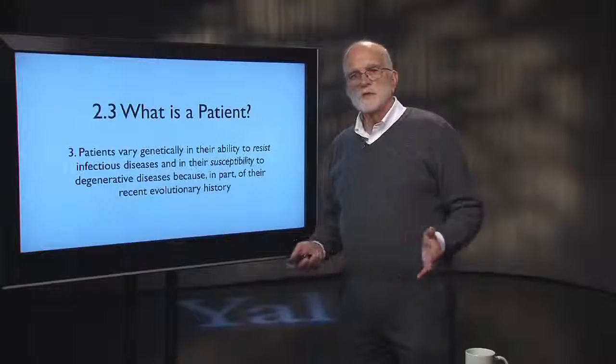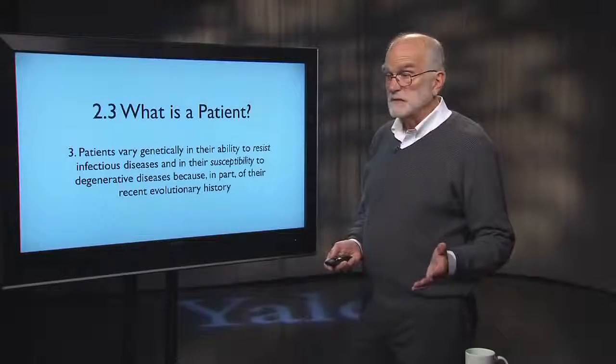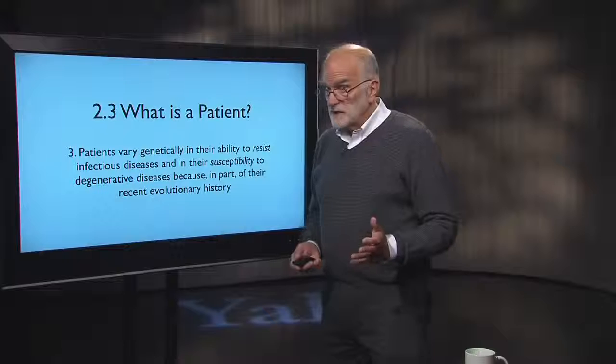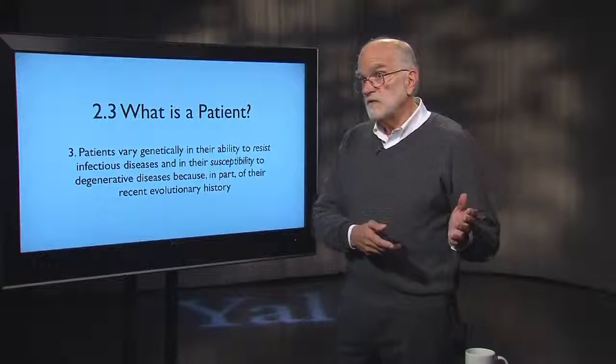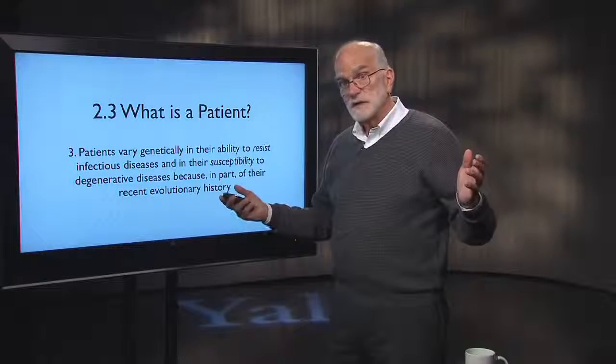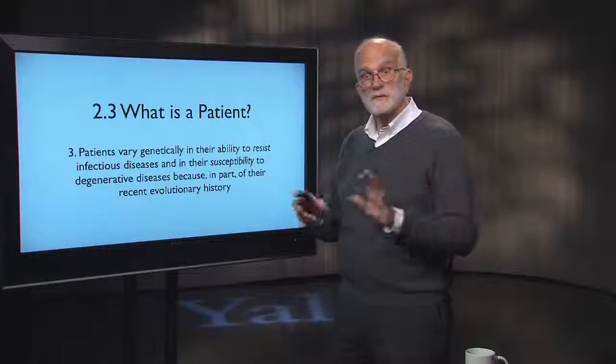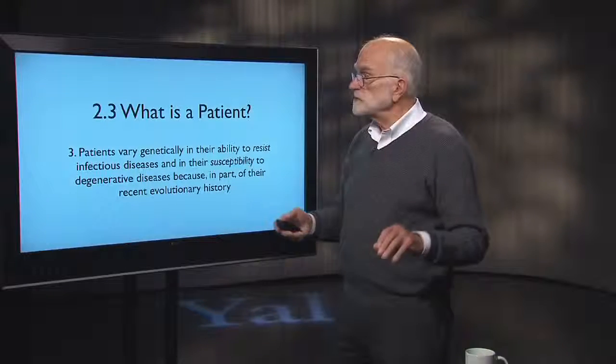Let's take a third look at what a patient is. As you recall from the last lecture, we evolved in Africa and then spread out across the planet. And as we spread out, we diverged genetically in many different directions.